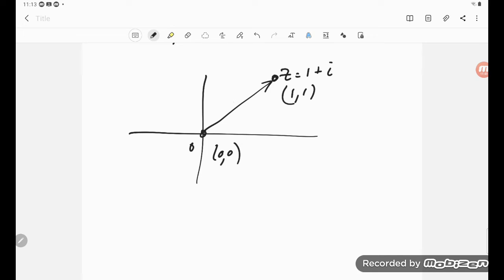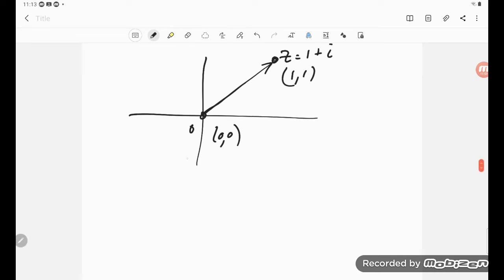Now, to fill in a line segment, whether it's horizontal, vertical, whatever, all I have to do is, I'm going to say from x1, y1 to x2, y2.